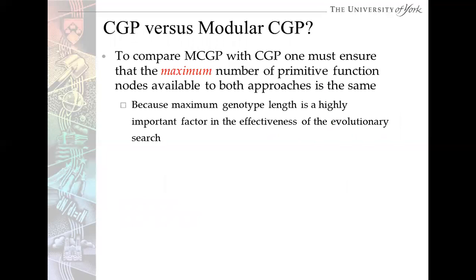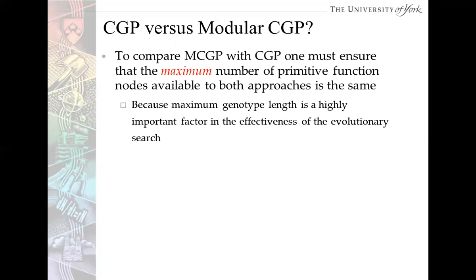Now, the big question is, how effective is modular CGP when compared with standard CGP? Is it more effective or not? The way you should do this comparison is you should make sure that the total number of primitive nodes available to both approaches is the same. With modular CGP, it's got modules, and each of those modules has got primitive nodes in them.